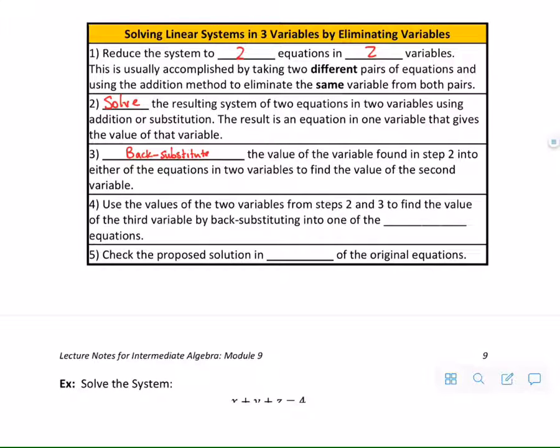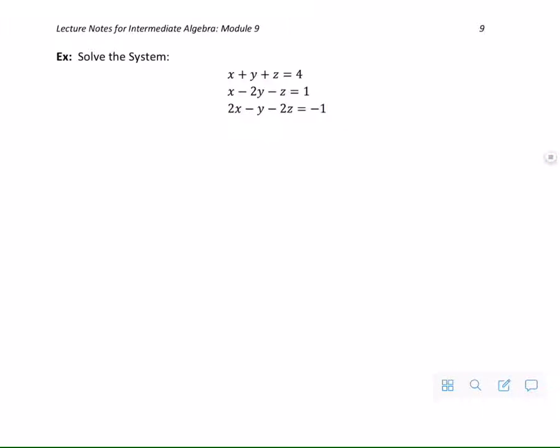You plug it all back into the original equation to make sure you've got the final set of answers. And then you check the proposed solution in all the original equations. Again, that check step is the one that I leave out occasionally in class. All right, I'm going to stop there, and we'll come back next time, and we'll do a couple of these 3 by 3 systems. Okay?